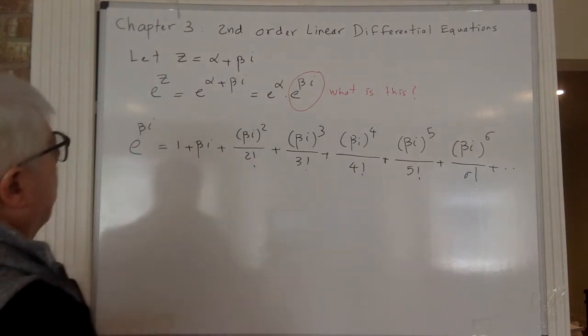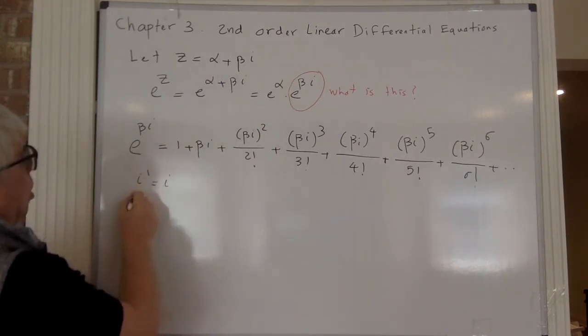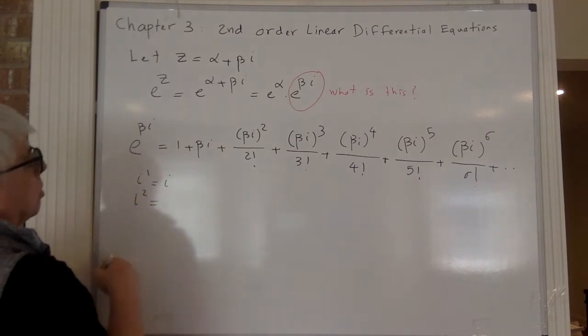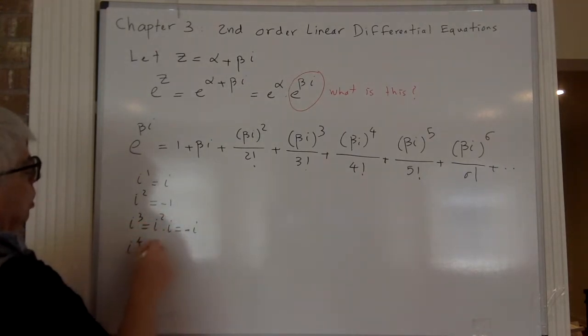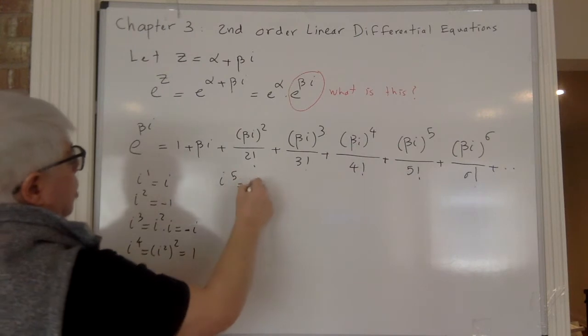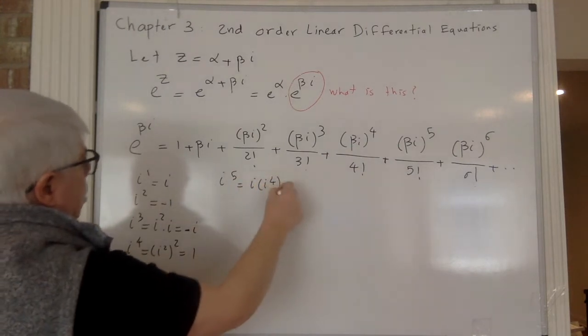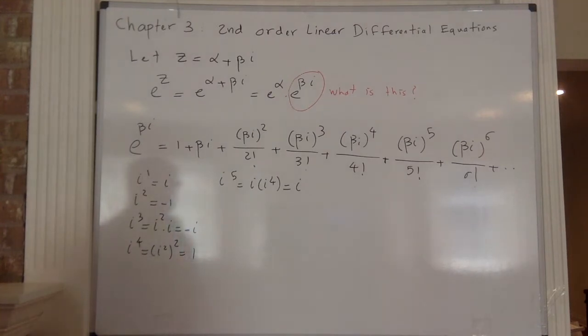Well, let's see. i to the power 1 is i. i squared is negative 1. i cubed is i squared times i, which is negative i. i to the 4 is i squared squared, which is what? 1. Then i to the 5 is i times i to the 4, which is i. And it continues.